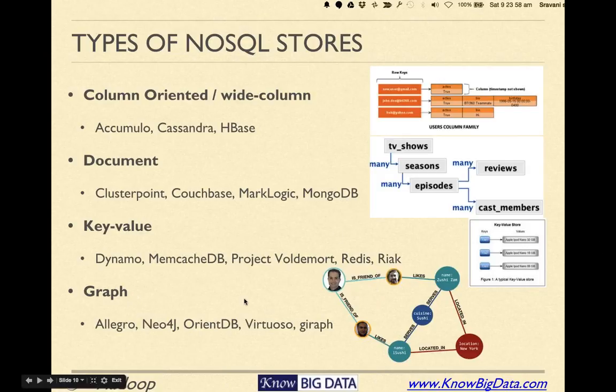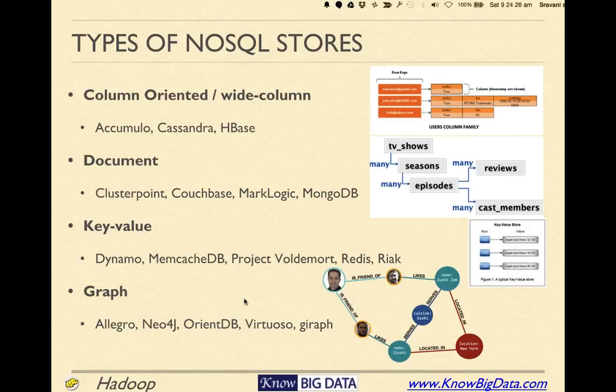Now, the fourth kind of databases are really important, and these are basically for storing a big graph. A graph as in a graph of a social network, saying this person has these friends, and these friends have these friends, and so on.